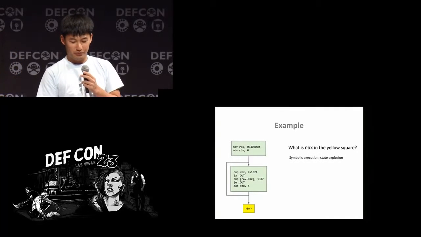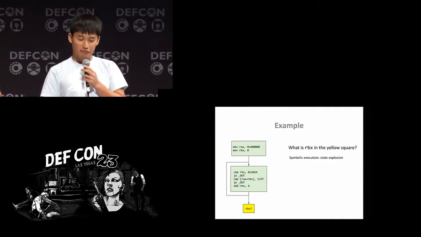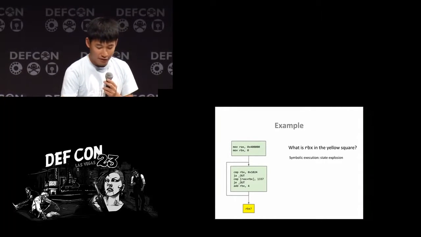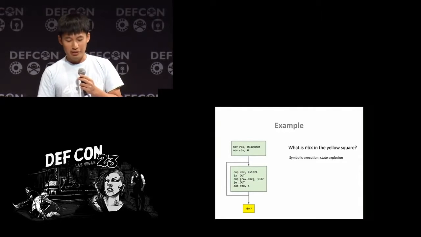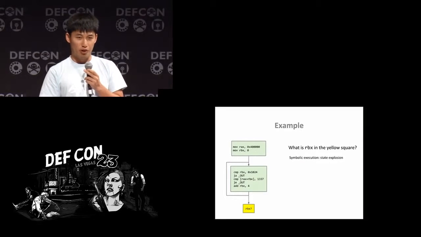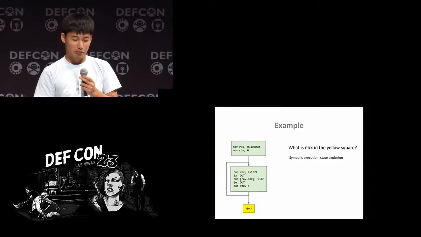No, we don't. In symbolic execution, as Yang said, we just keep executing it. However, the problem is at every single iteration of the loop, it has the possibility of branching out. That basically means we're going to face a state explosion. Or we're going to have 0x1025 different states.